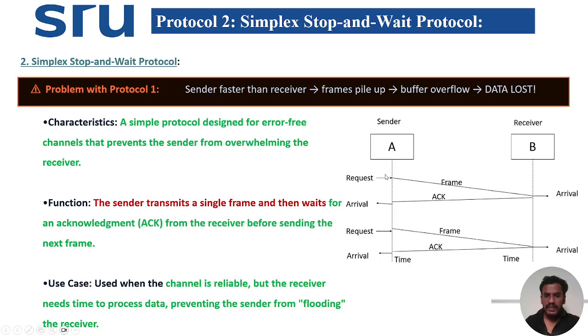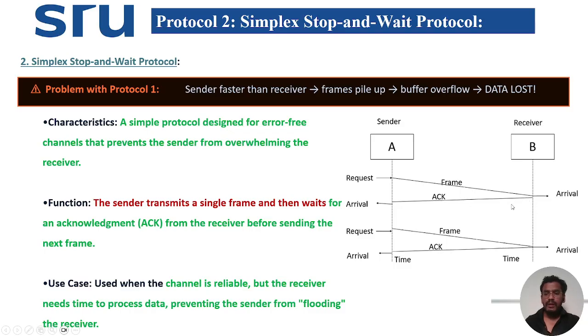The sender is sending the data to the receiver. Once the receiver side receives the frames, the receiver gives feedback or acknowledgement to the sender side. If the data is reliable and correct, the data is accepted.